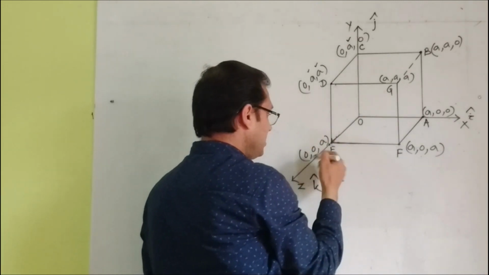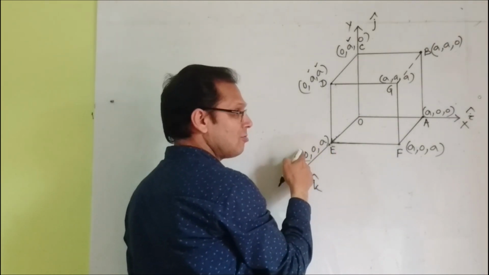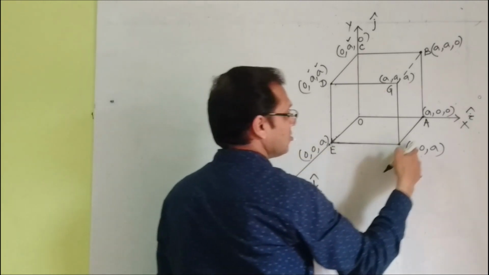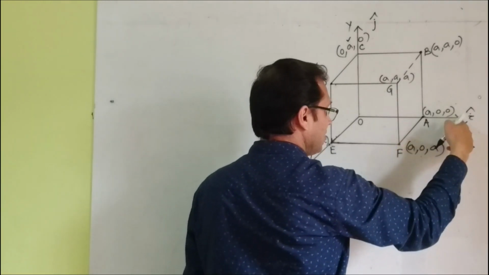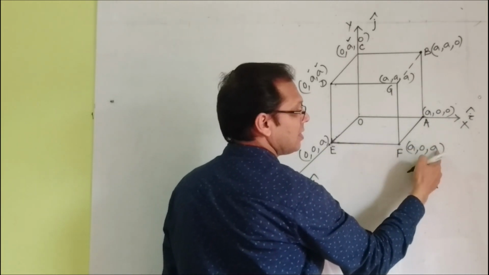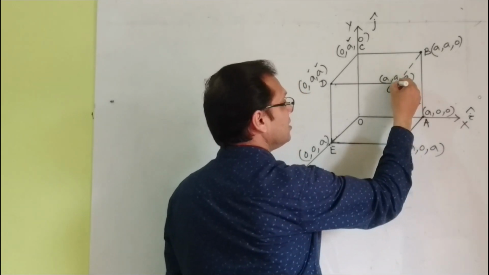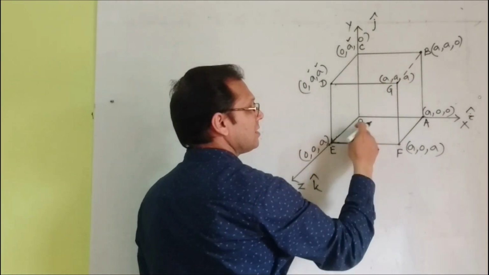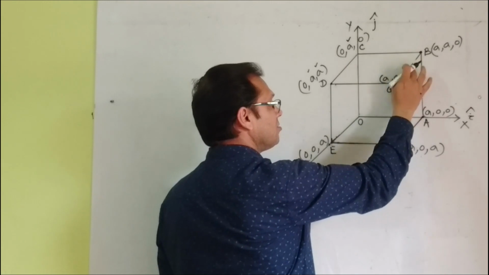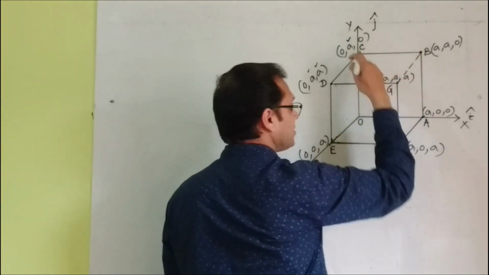On the z axis E is there, so z coordinate a is there and x, y are 0, 0. Here a point is lying on the xz plane, that's why x and z coordinates will be there and y is 0. And here G is in space, that's why x, y and z coordinates should all be a.